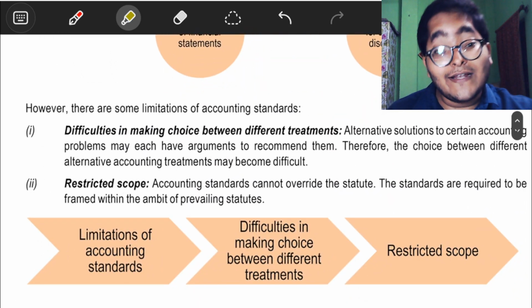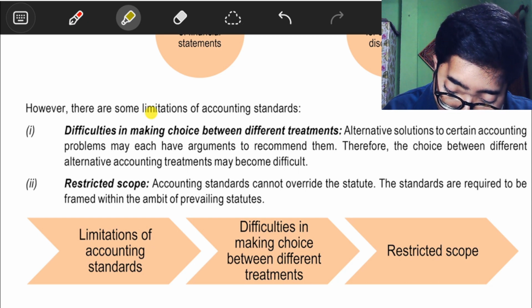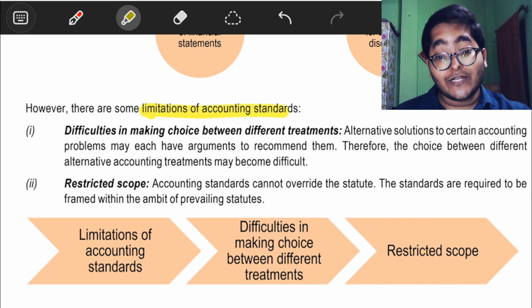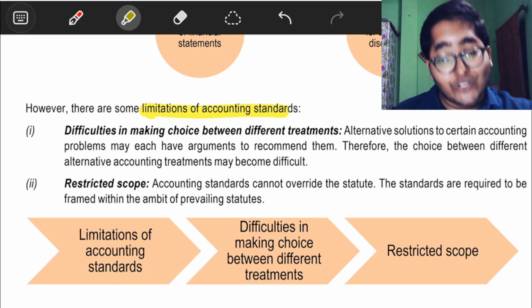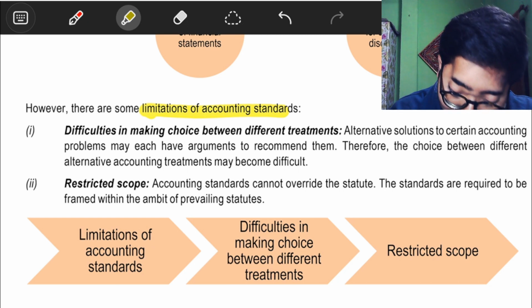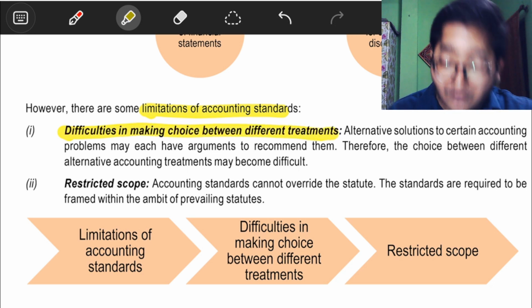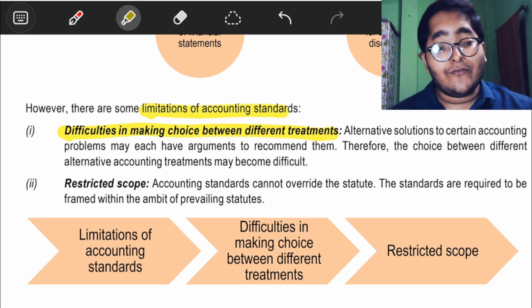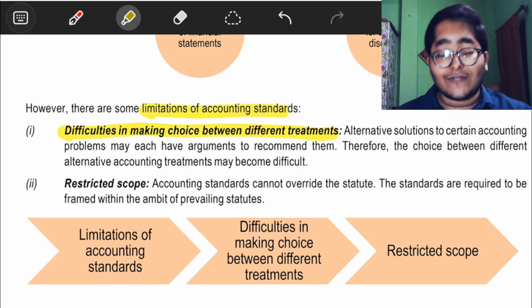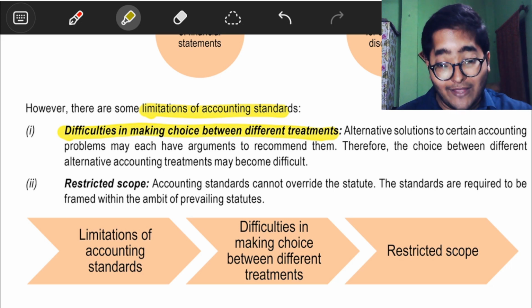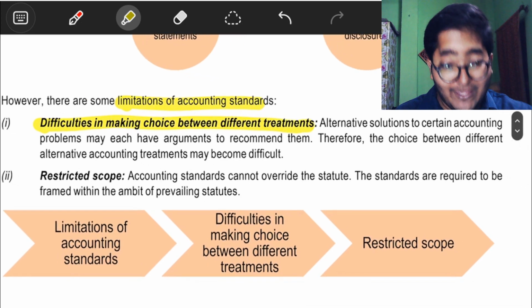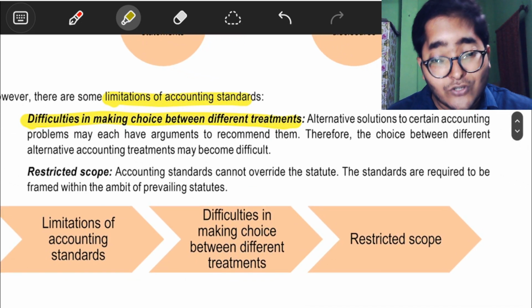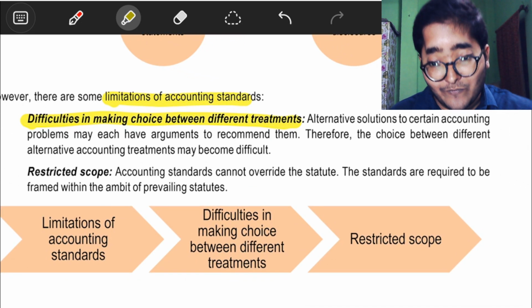Now what are the limitations of accounting standards? अकाउंटिंग स्टैंडर्ड्स का लिमिटेशन क्या क्या है? नंबर 1, difficulties in making choice between different treatments. अकाउंटिंग स्टैंडर्ड जब एक चॉइस करने को बोलता है या फिर चॉइस करना होता है, वहां पे उस चॉइस करना डिफिकल्ट हो जाता है. It is difficult to make a choice between different treatments.